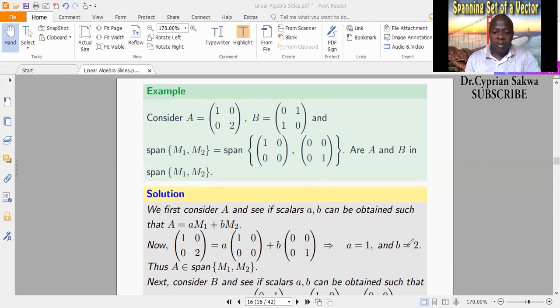So a and b exist, and therefore A can be written as a linear combination of these matrices, and therefore A is in the span. It's in this span.